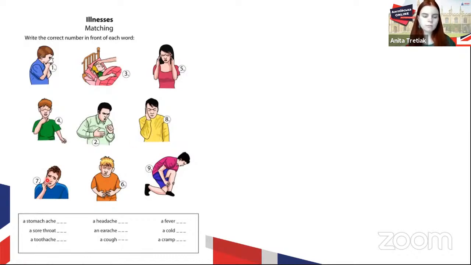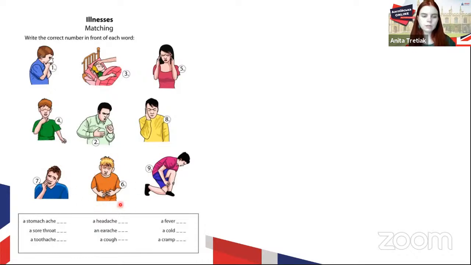Number 7, just right here. What's wrong with this guy? Yeah, for this one, I think he has a toothache, because he's holding his arm right next to his tooth.